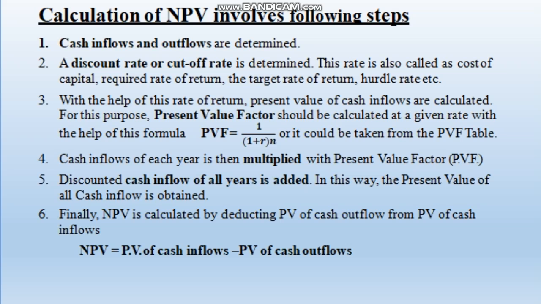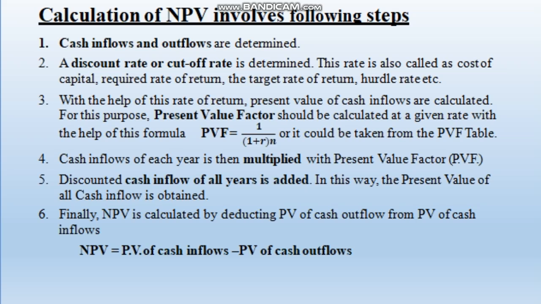Cash inflow of each year is then multiplied by the present value factor. Discounted cash inflow of all years is added. In this way, the present value of all cash inflow is obtained.